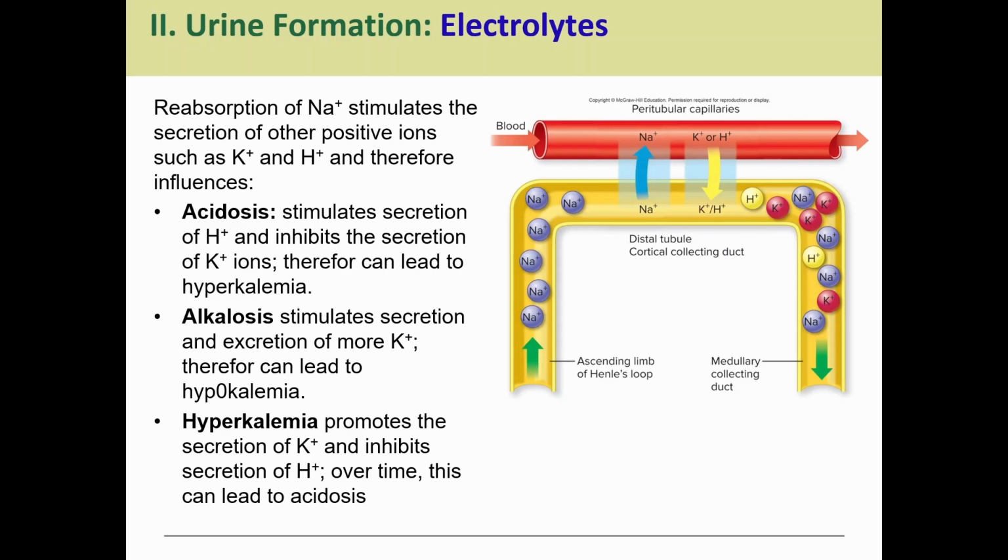Hyperkalemia is too high of a level of potassium. Alkalosis, this is where we have too much secretion and excretion of potassium, and this can lead to hypokalemia. And hyperkalemia will also promote secretion of potassium and inhibit the secretion of hydrogen ions, and that can lead to acidosis. So you can see how hyperkalemia and acidosis can be a bit of a vicious cycle.